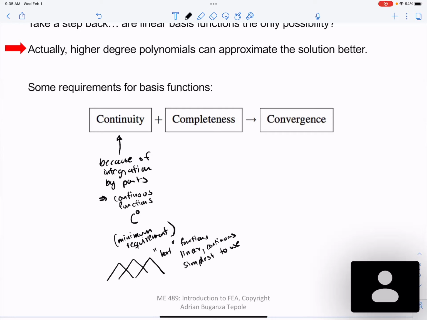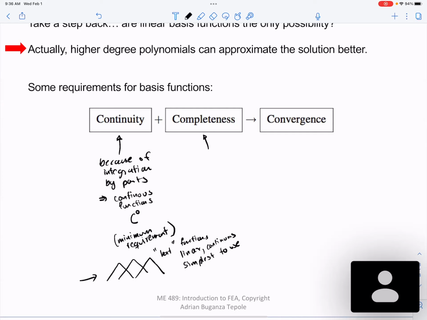The other requirement is called completeness, and I'm not gonna dwell too much into it, but the main idea is we are looking for solutions when we solve the problem. The actual problem, the PDE of sum of forces equals 0 or divergence of the stress equals 0, has some exact solution that we won't be getting, but we are getting an approximate solution out of a family of solutions. That's the whole point of the FE.